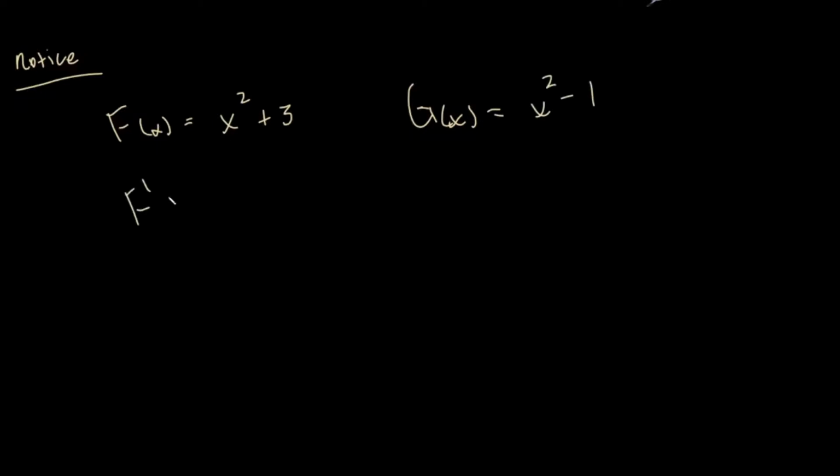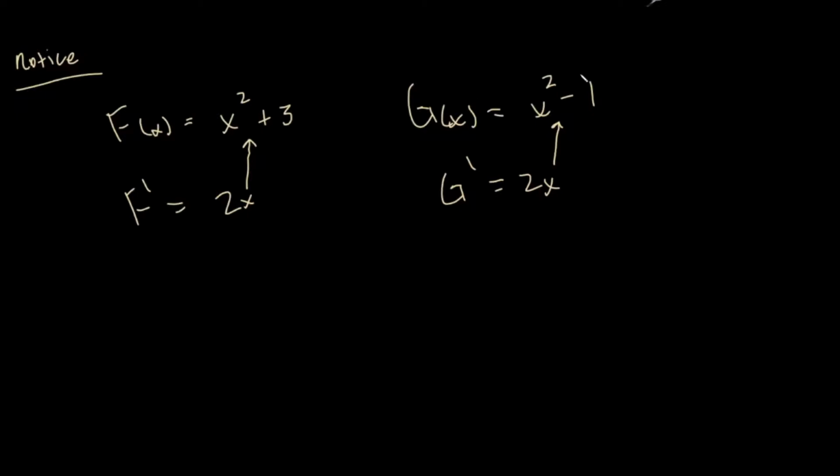So f prime is 2x and g prime is 2x. Aren't those the same thing, right? So x squared plus 3 is an antiderivative of 2x, and also x squared minus 1 is an antiderivative of 2x. There is no unique antiderivative, and the reason for this is because the constant can literally be anything, right?